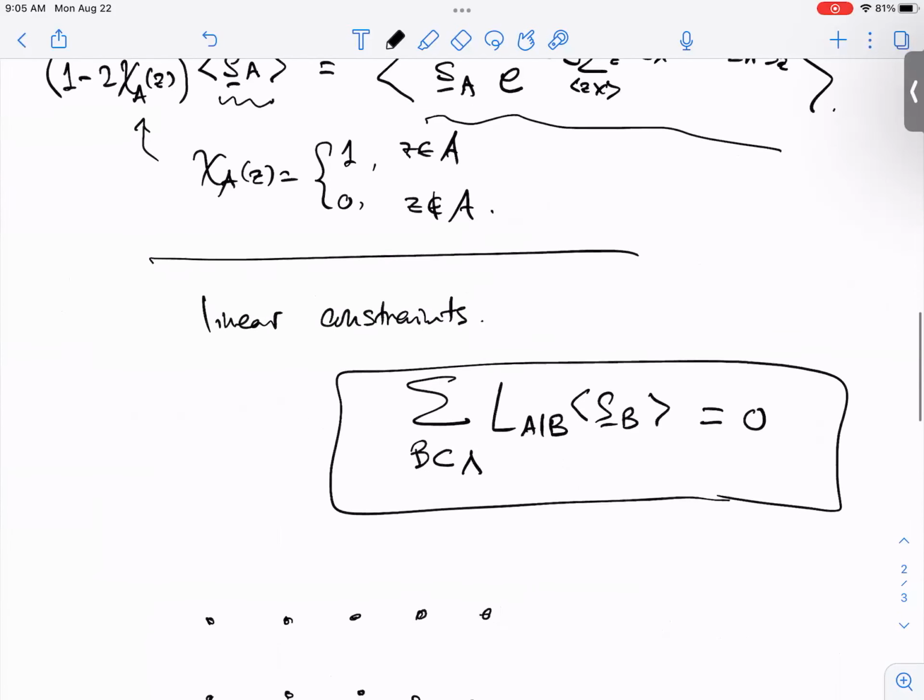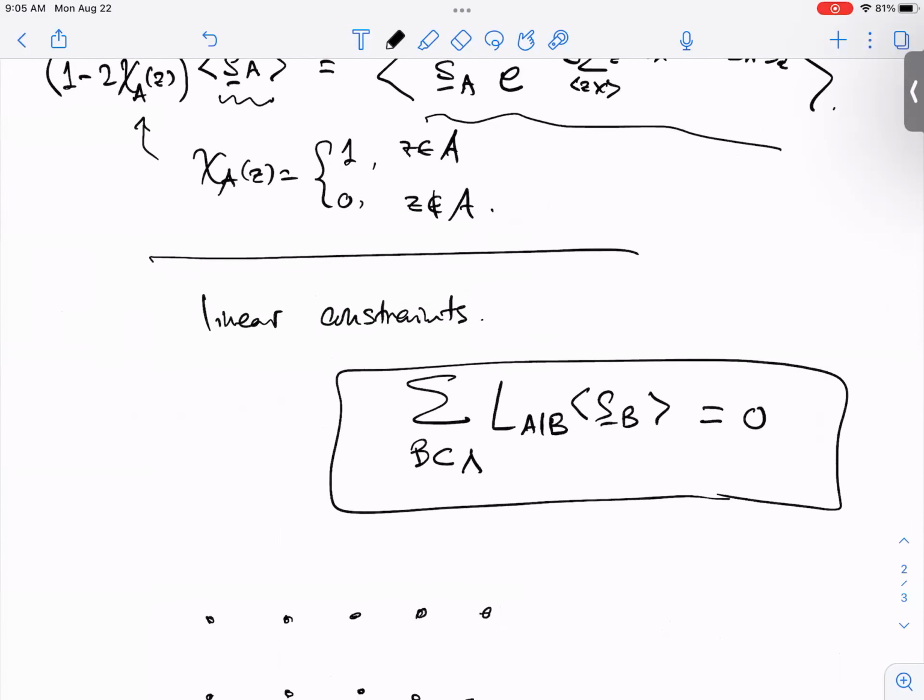Okay, but one at a time, right? One at a time, yes, but at the level of these equations, sort of by definition, I started with the set A. I do one flip, but if you want to do 2 flips, you can get the same equation by starting with a different set.